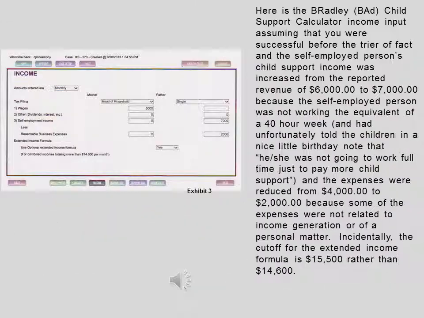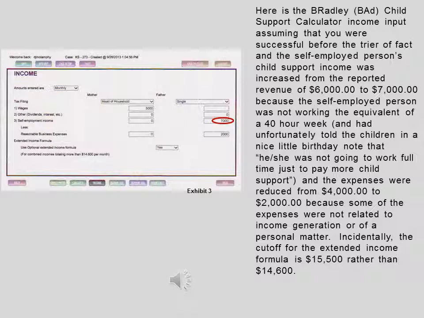Here is the Bradley Bad Child Support Calculator income input, assuming that you were successful before the trier of fact and the self-employed person's child support income was increased from the reported revenue of $6,000 to $7,000 because the self-employed person was not working the equivalent of a 40-hour week and had unfortunately told the children in a nice little birthday note that he or she was not going to work full-time just to pay more child support.